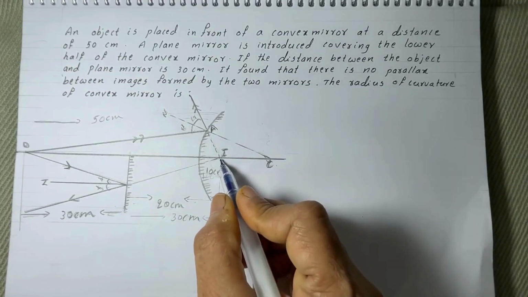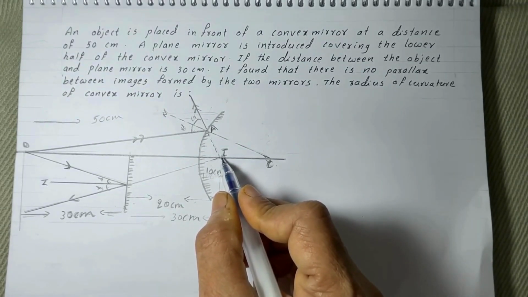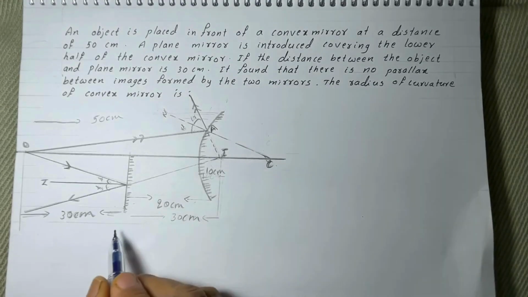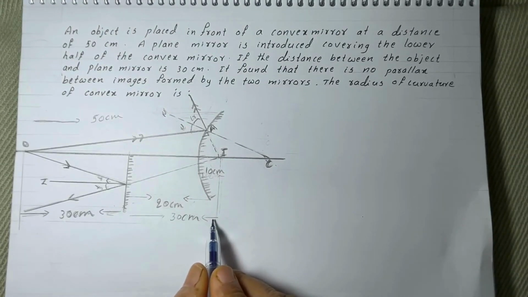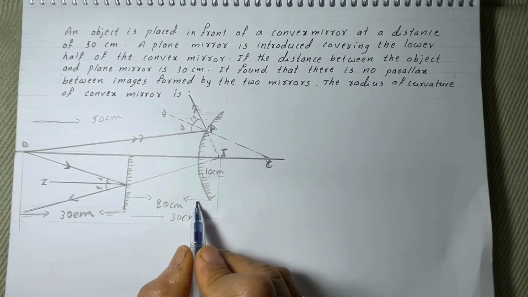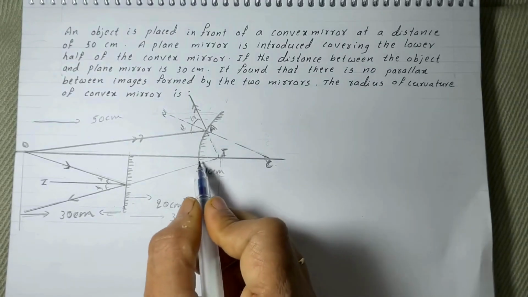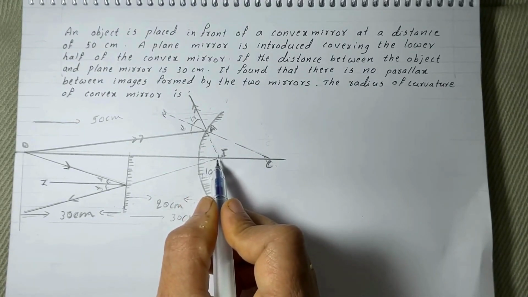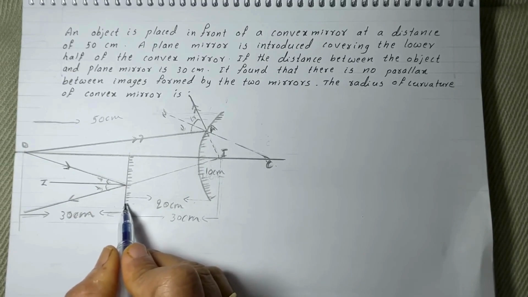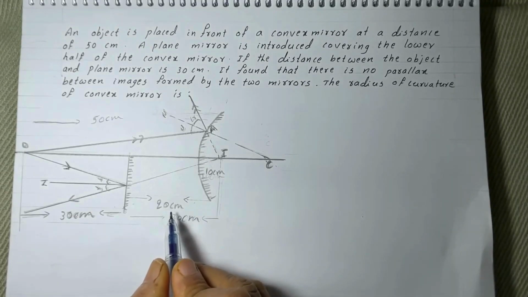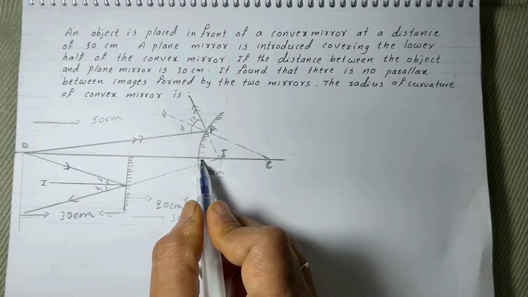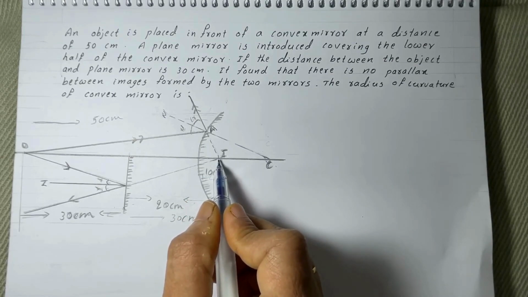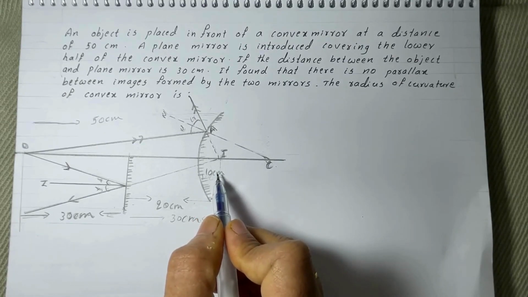This is the location of the image formed by the plane mirror, 30 centimeters from the plane mirror. That is nothing but 10 centimeters from the convex mirror, because the distance between the plane mirror and convex mirror is 20 centimeters.